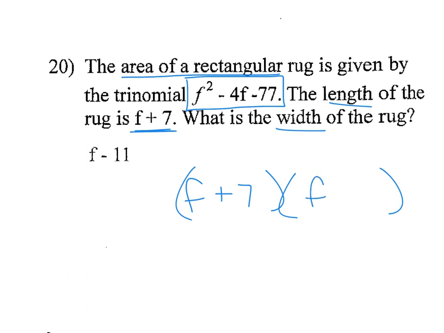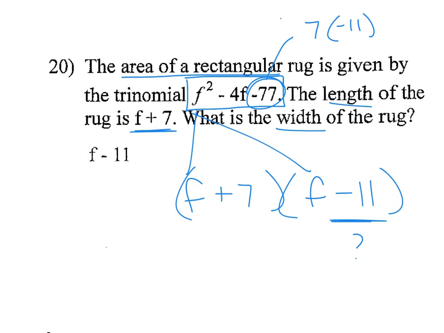Your job is to figure out what this other factor should be. Well, we know f squared is going to break down to f and f, so we already know it's an f. So let's look at this right there. So if that's negative 77, and you already know one of your factors is 7, well, 7 times what is going to get you negative 77? Well, negative 11. So f minus 11, right here, this would be your width. Okay, so this is what we're looking for.